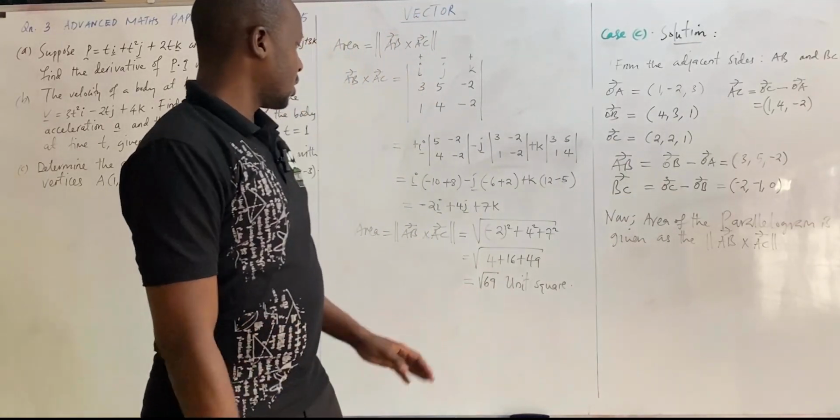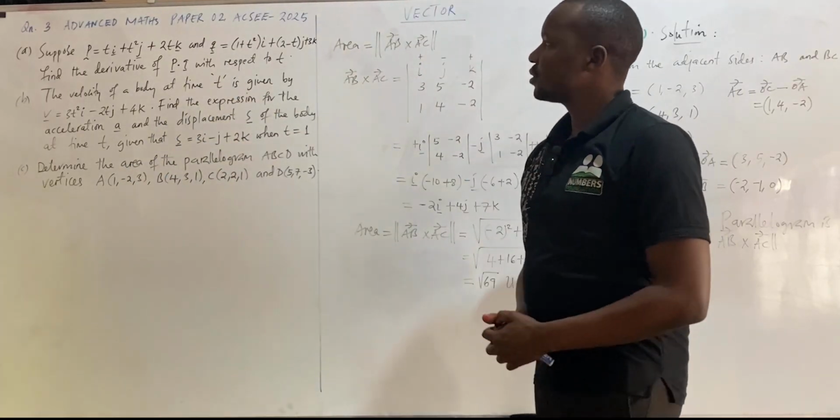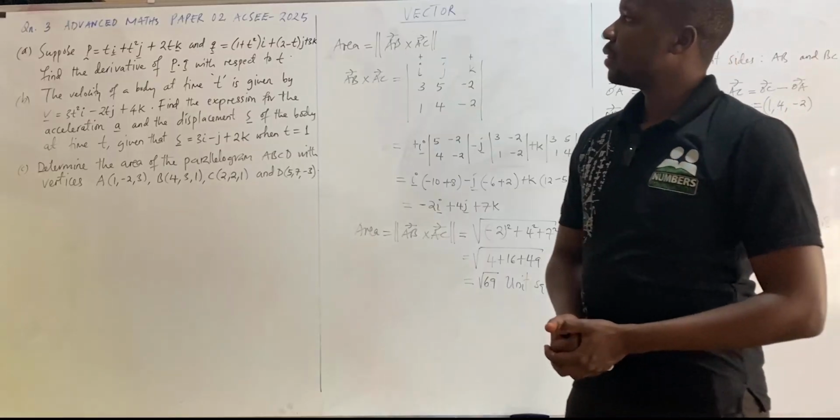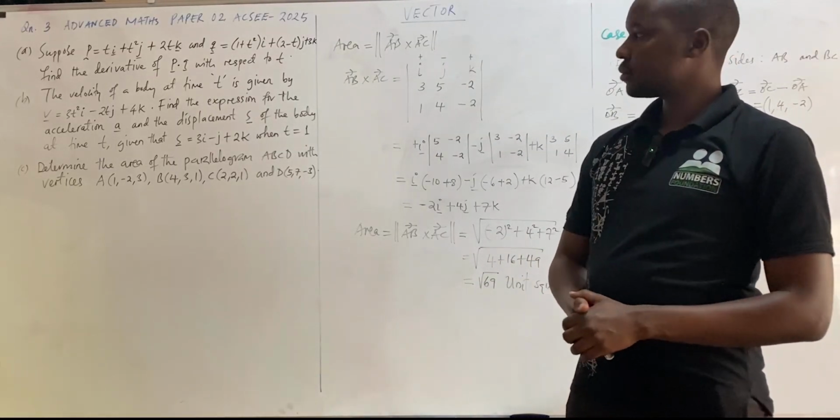From there, we have the area of the parallelogram. So up to that point, we are through with question number 3 that appeared in Advanced Mathematics paper 2 in the year 2025. Thank you.